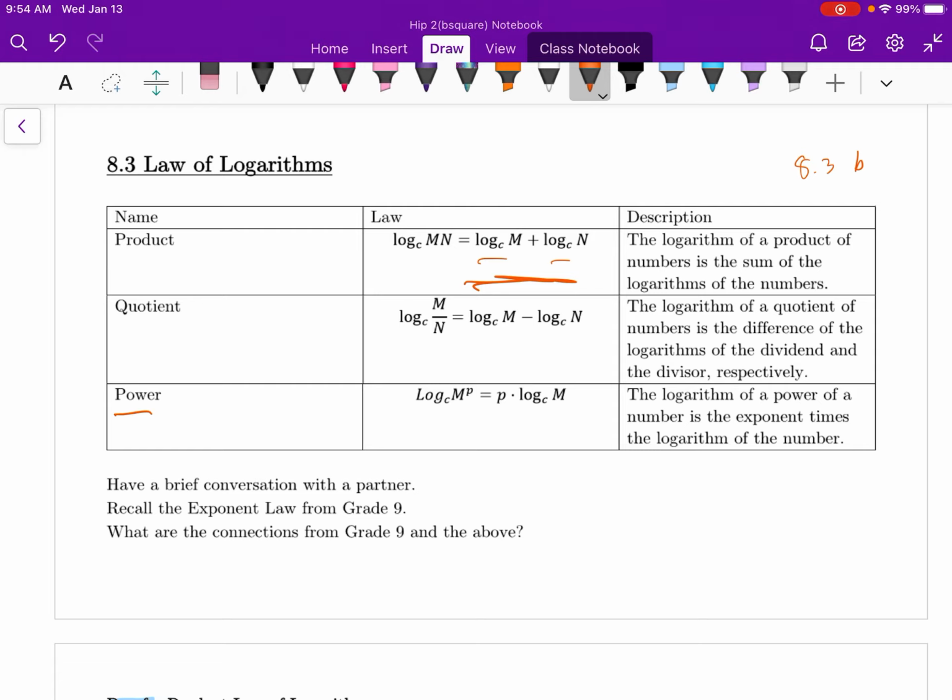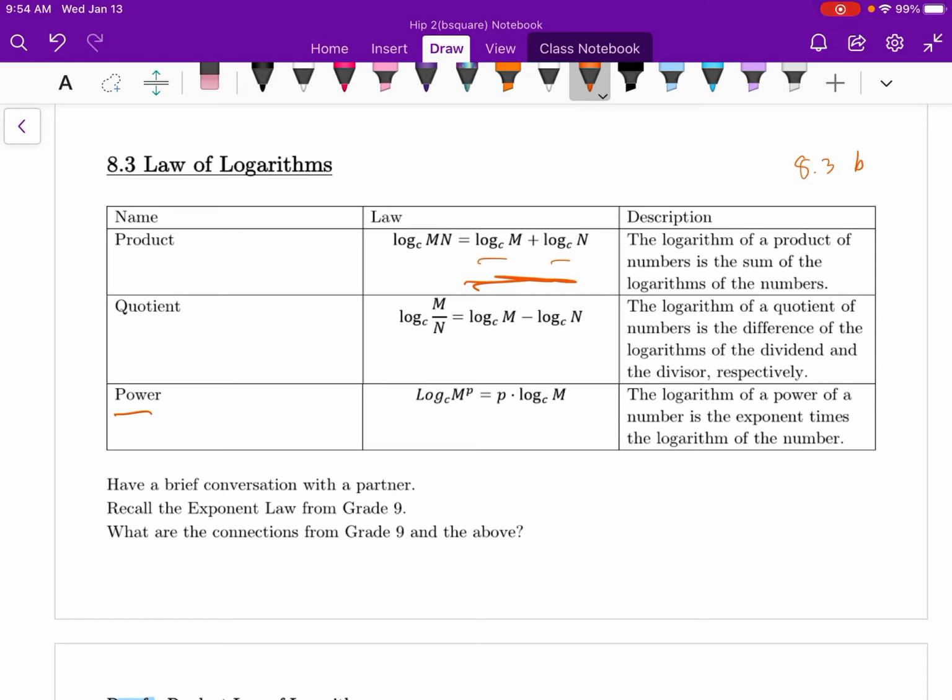But quotient. So, for instance, if I have m divided by n, and they both have the same base and different exponents, well, we simply subtract the exponents. And that's what this is saying here. So log base c of m divided by n is going to be log base c of m minus log base c of n.